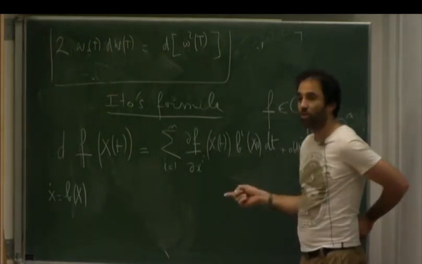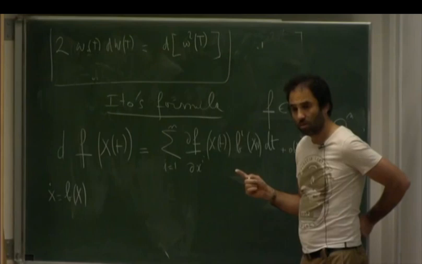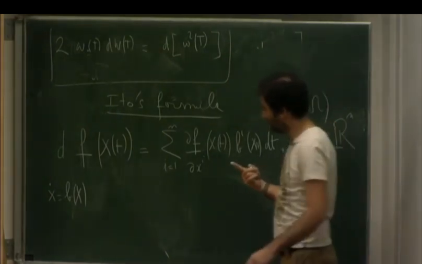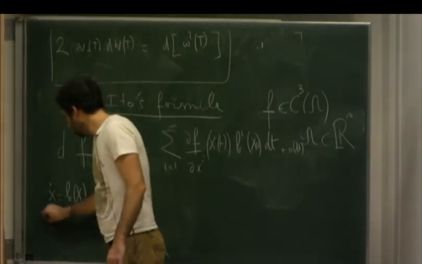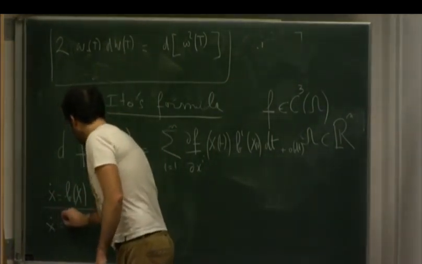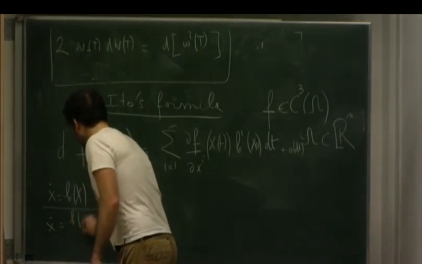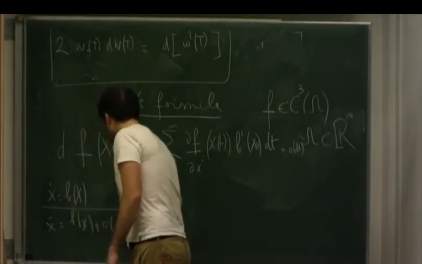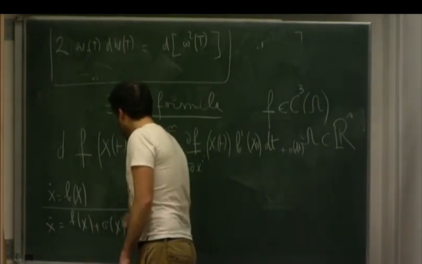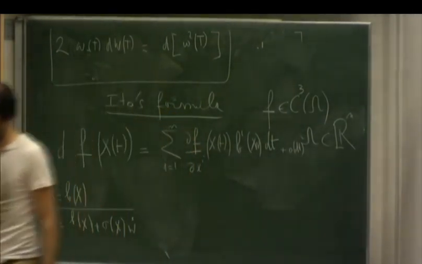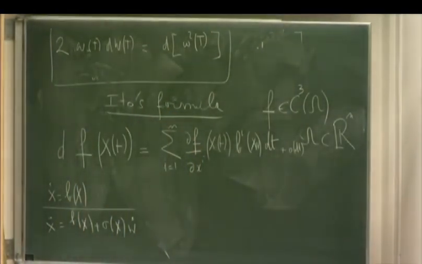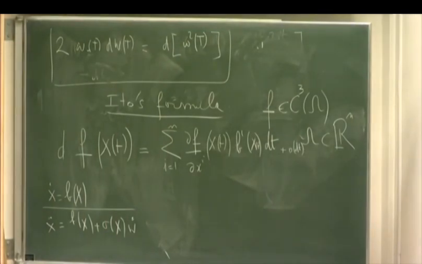What do you get now for Ito calculus, for a stochastic process? Instead of x dot equals this, now I'm interested in x dot equals b of x plus sigma of x w dot. So how do you calculate this when you have a Brownian process, I mean, a stochastic process? Okay, we've done more or less everything.